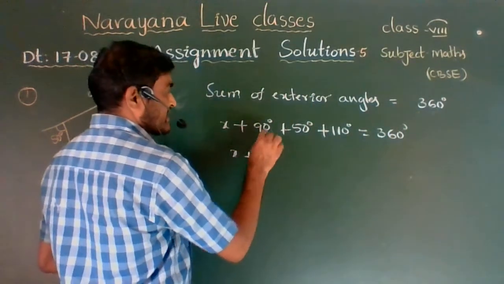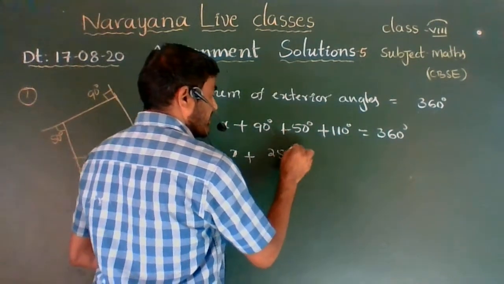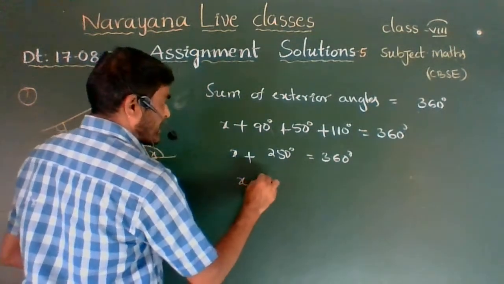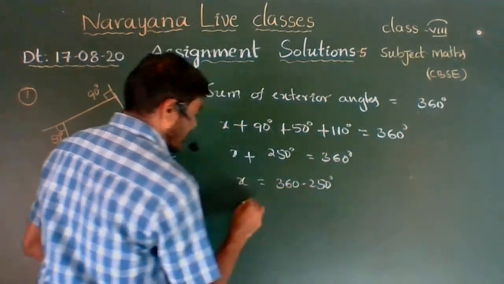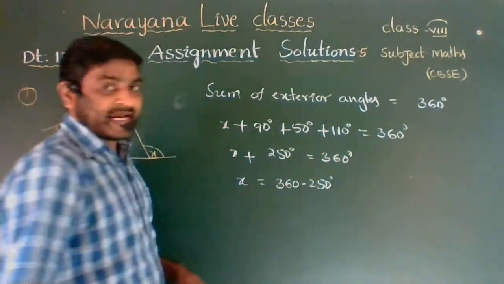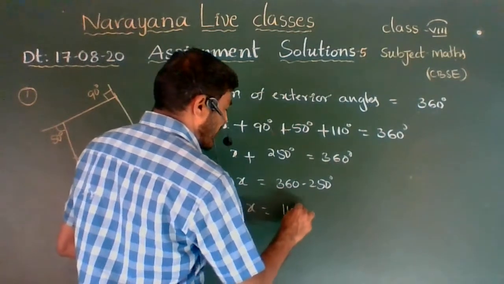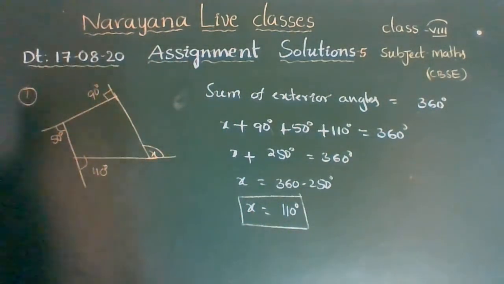Then x plus 90 plus 50 is 140, 140 plus 110 is 250, equal to 360 degrees. Then x is equal to 360 degrees minus 250 degrees. So 250 will be sent to the right side, it will be subtracted. Then x is equal to 110 degrees. This is the x value. This is the first sum solution.